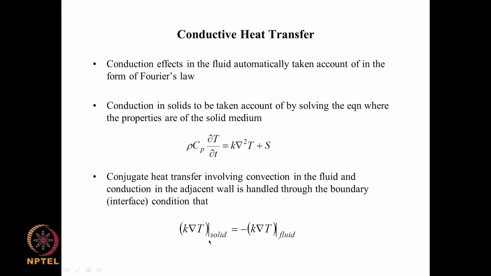So, this becomes the boundary condition for the solids, and this becomes the boundary condition for the liquids. We do not know exactly what this wall temperature is, but it will eventually be found out when we solve the entire problem involving convective conductive heat transfer within the fluid and conductive heat transfer within the solid.